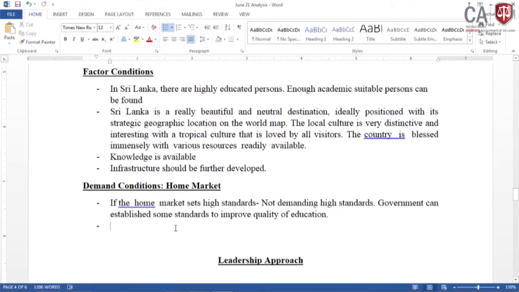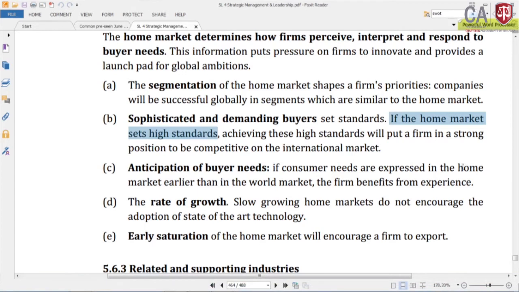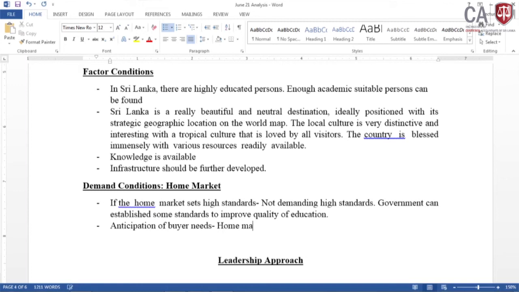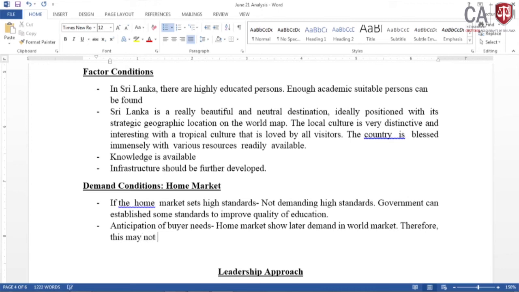Demand is anticipation of buyer needs. Normally in the home market, what about the Sri Lankan market showing later demand in the world market? So this may not create an advantage.